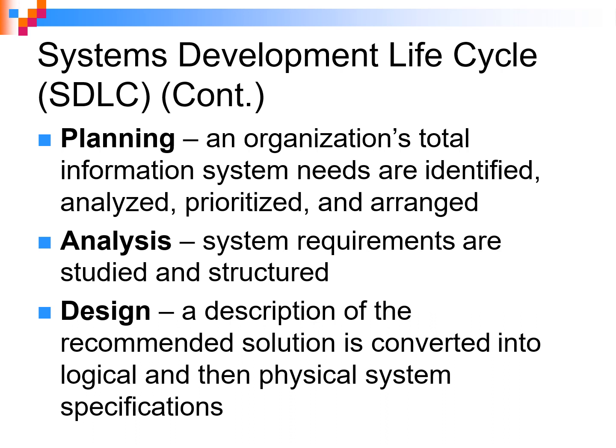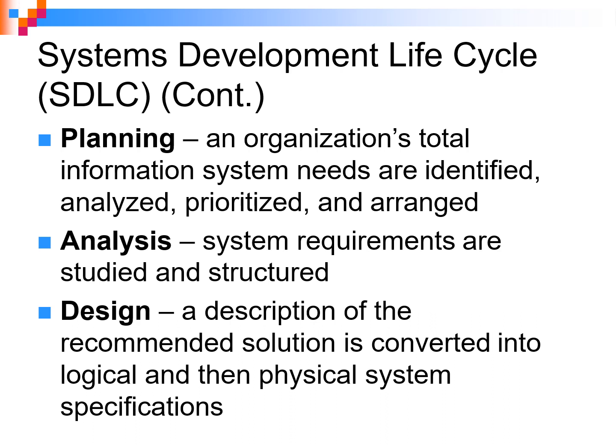Next is the analysis. In analysis, system requirements are studied and structured. After identifying the requirements of the system, the analysis phase is focused on studying and structuring the system.